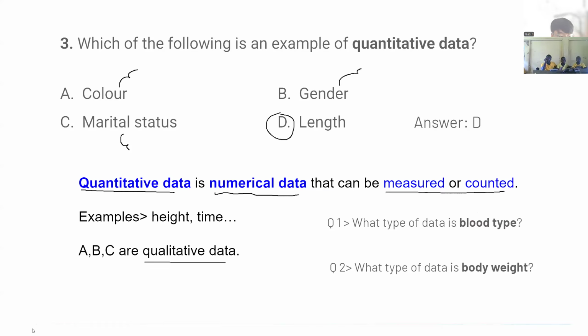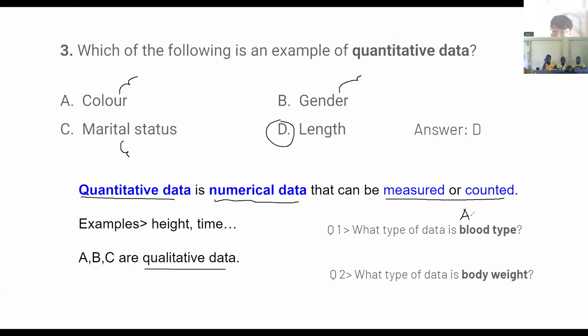Yeah, so blood type, what I mean by blood type is there are blood types A, B, O, or AB as well. So is this quantitative or qualitative data?